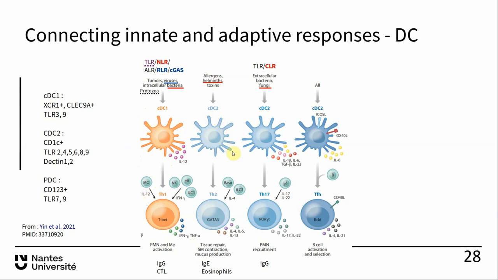When cDC2 come into contact with extracellular bacteria and fungi, they'll be releasing IL-23 as well as pro-inflammatory cytokines like IL-1 beta and IL-6, and this will lead to the Th17 polarization of the T cells, which recognize the antigens from these pathogens, or rather, epitopes from the protein antigens present in these pathogens that are presented in the context of HLA class 2 on the surface of these dendritic cells.